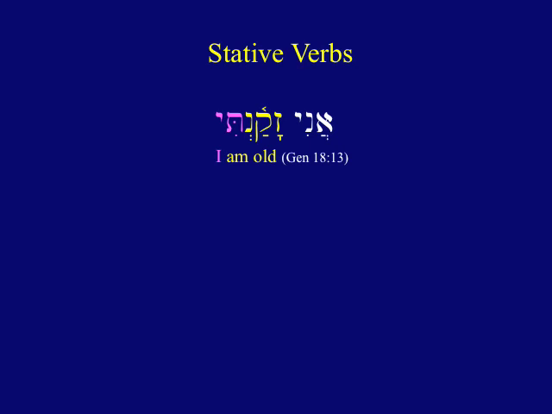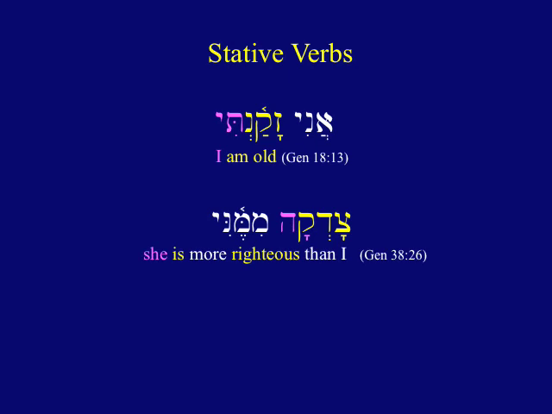Ani zaganti, on the stative verbal root zagen, I am old, not I was old, although it could mean that. It will normally mean I am old. Tzadaka mimeni, she is righteous more than me.